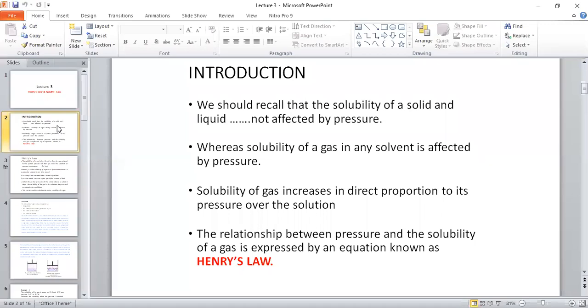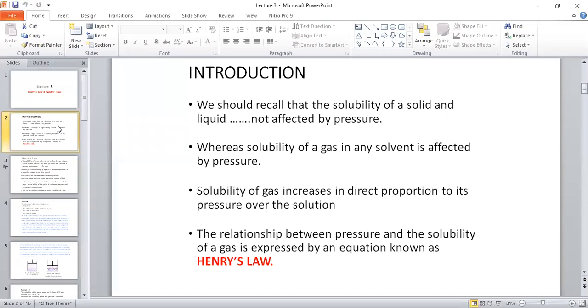Whereas the solubility of a gas in any solvent is affected by pressure. So for gas, solubility increases in direct proportion to its pressure over the solution.